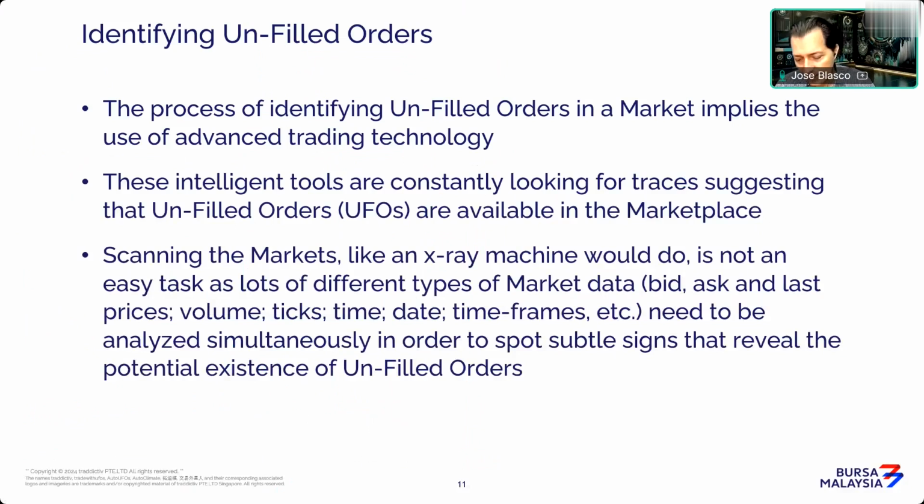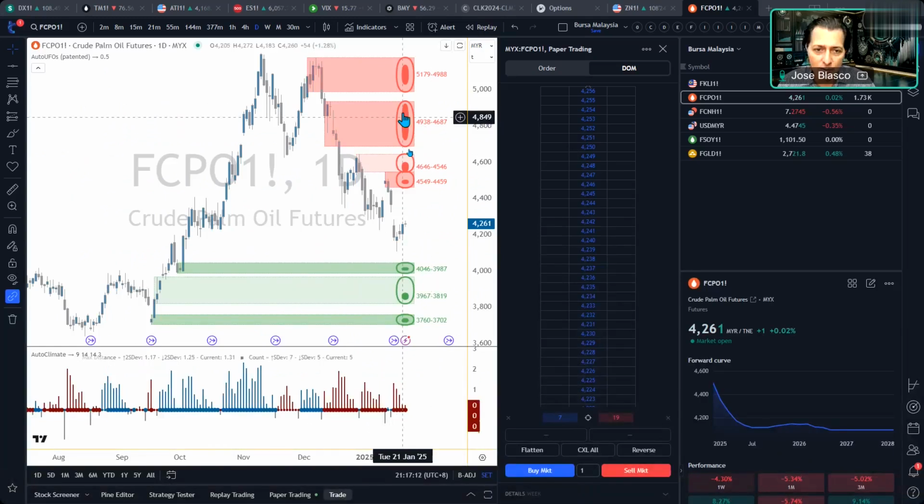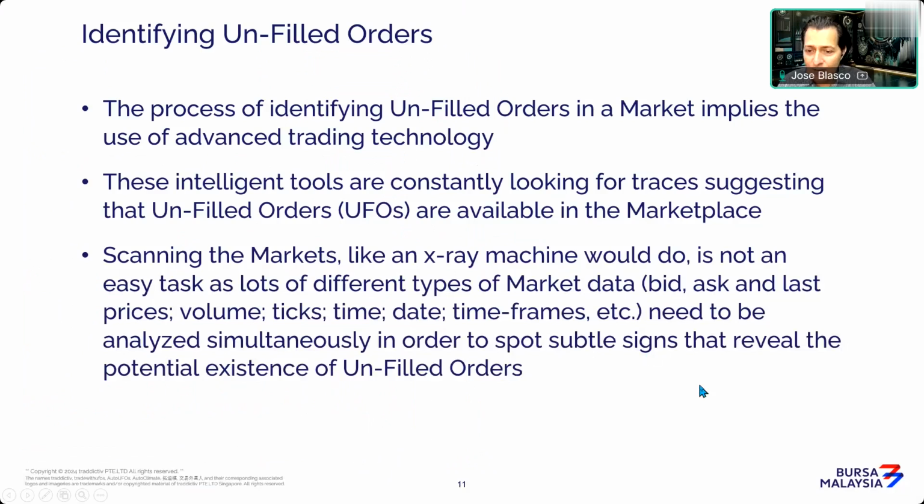You need computer intelligence. It's AI, really. You need computer intelligence to process that huge amount of data and then, very simplistically, plot on the charts those price bands, if you wish, where inside the green you buy, inside the red you sell. Okay, but now you know that inside those bands you have on-field orders, which is the direct force.